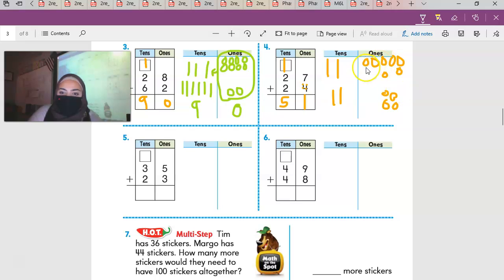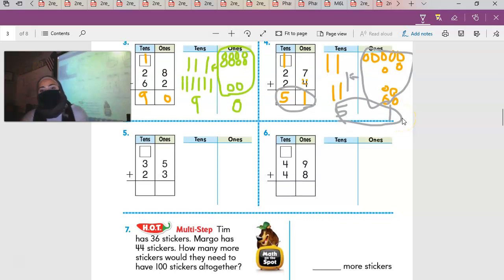Now we need to make a 10. If we have 7, 8, 9, 10, 11. So we can circle those and bring it over here. Now we have 1 1 left over, and we have 5 10s. It's the same 51. It's the same as this 51.